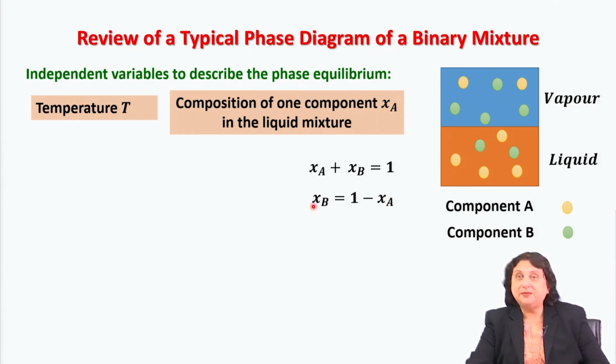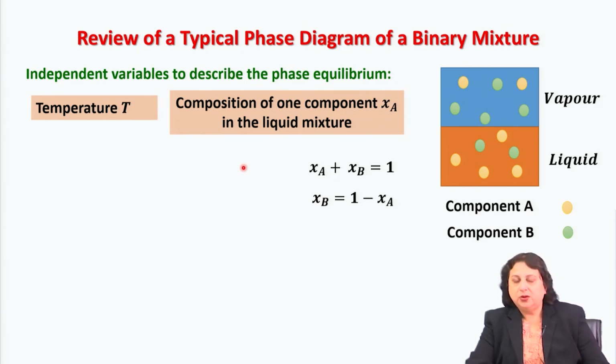So, what is the experiment that you are going to do? At a given temperature, you are going to prepare one solution having the mole fraction of component A as X A. Then you are going to prepare another solution having some other value of X A. So, this way you can prepare many different solutions for the values of X A going from 0 to 1.